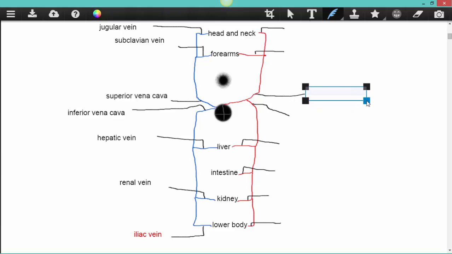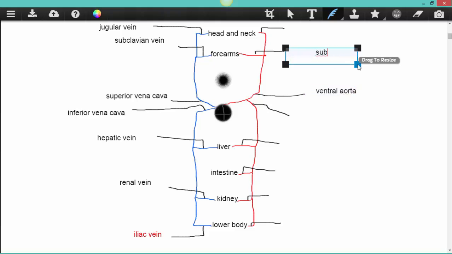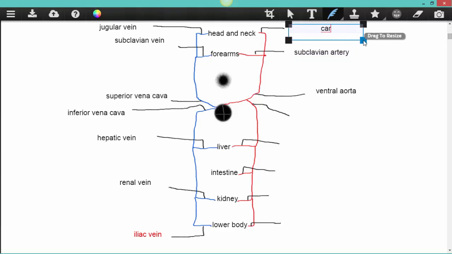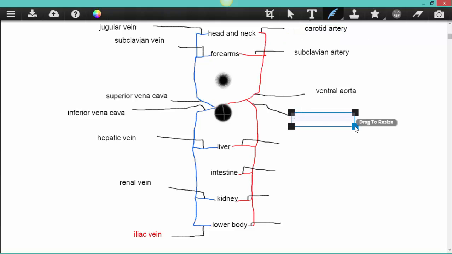This is the ventral aorta. This branches and gives blood or distributes blood to the regions above the heart. It branches into the subclavian artery, which gives blood to the forearms, and it branches into the carotid artery, which gives blood to the head and neck. This other branch of the aorta is called the dorsal aorta.